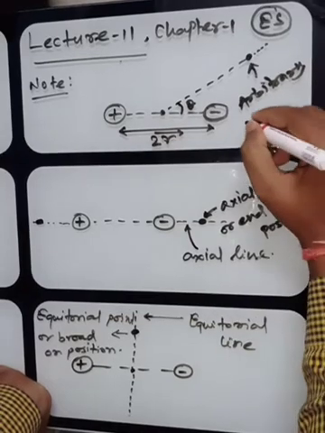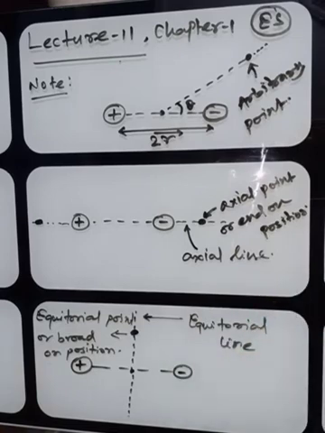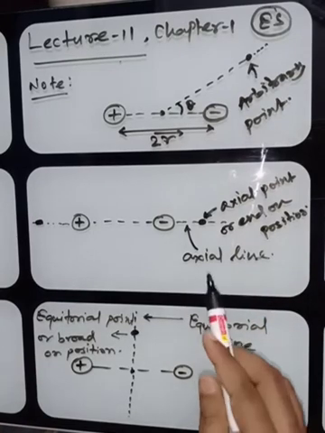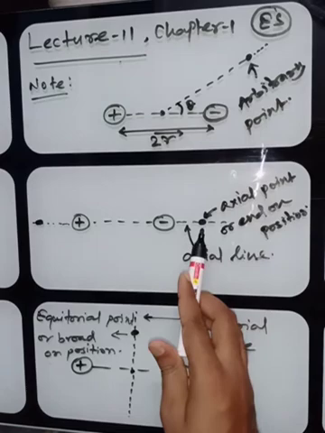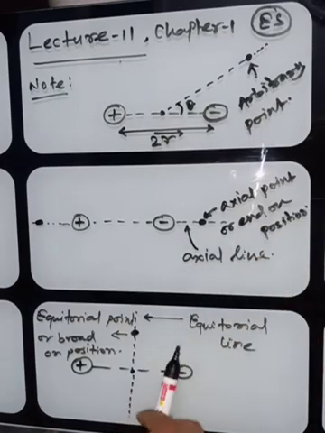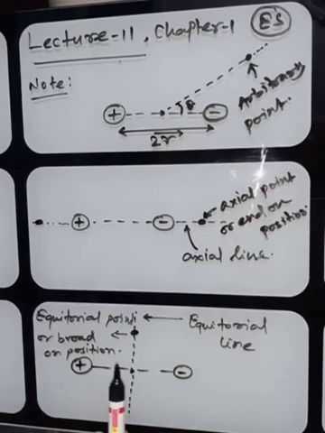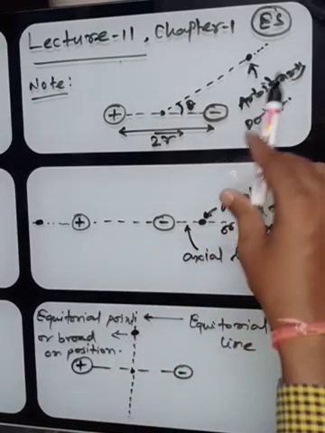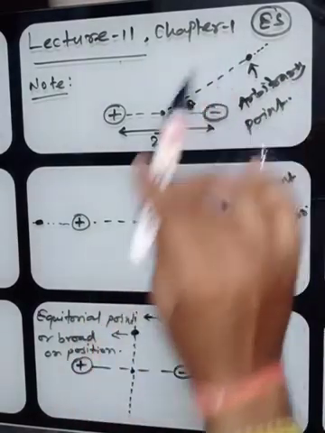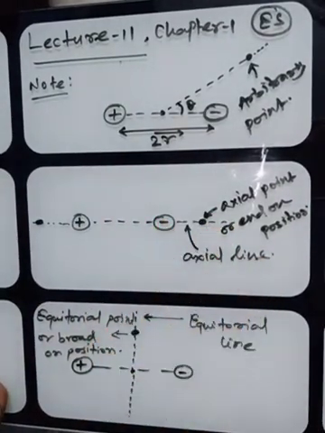So you may be asked to find the electric field due to a dipole at the axial point or end on position, at the equatorial point or broad on position, or at any arbitrary point. All the data will be given, you just have to find the electric field.